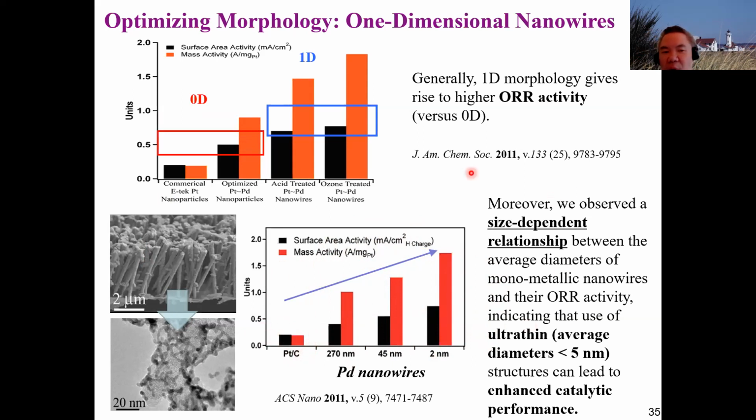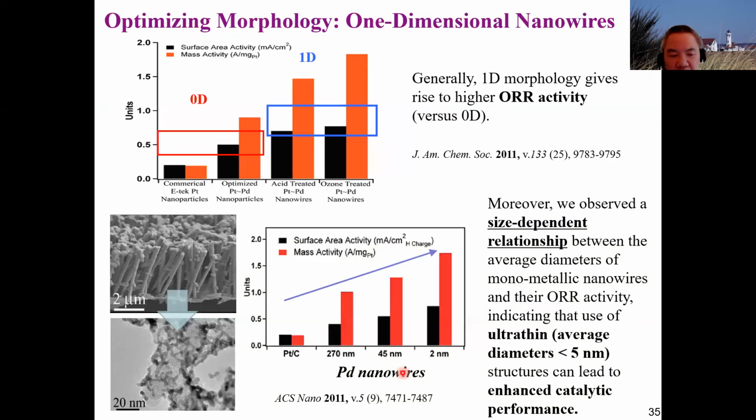So there's a relationship, a correlation, a connection between not only the morphology, the architecture, but also the size of what we generate relative to, say, the commercial platinum that's commonly used in these various sorts of systems.